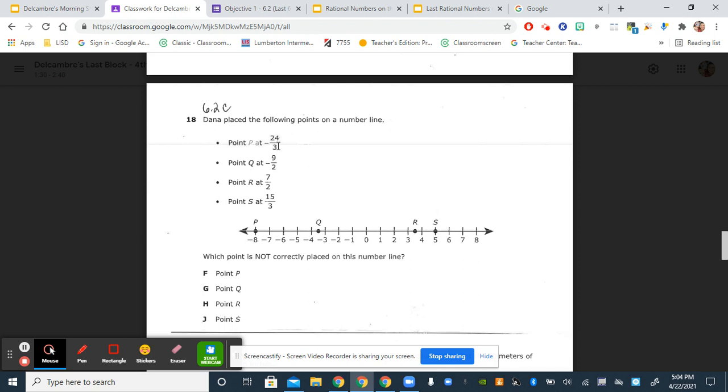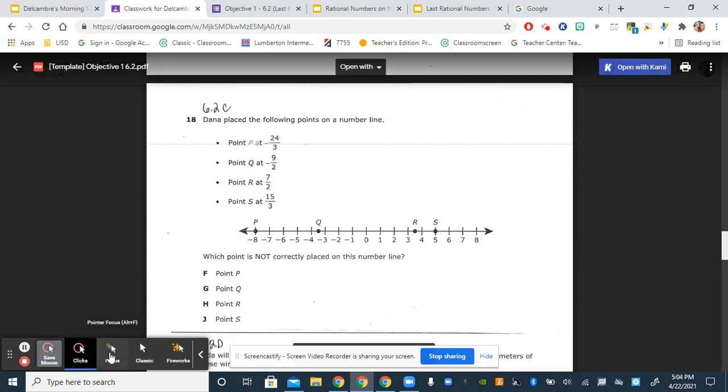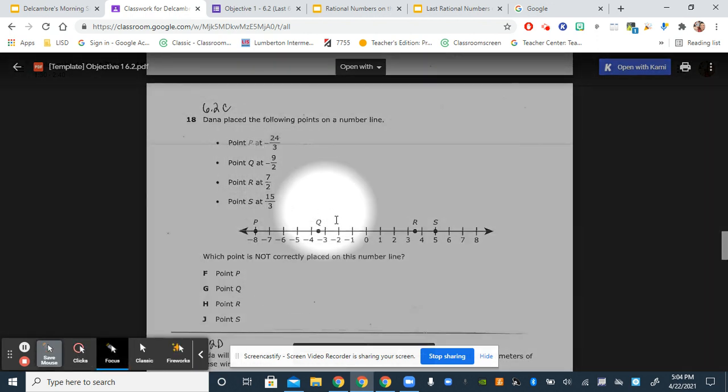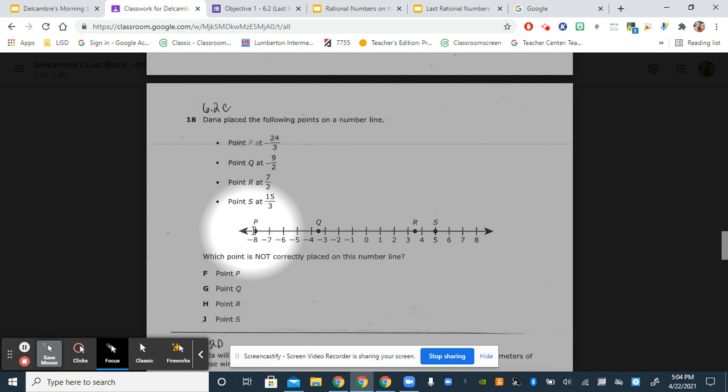So if I looked, negative 24 over 3. Well, 3 can go into 24 8 times. So that would be a negative 8. That's where P would be. And negative 8 is right there. So that's correct. We've got to find the one that's not correct.